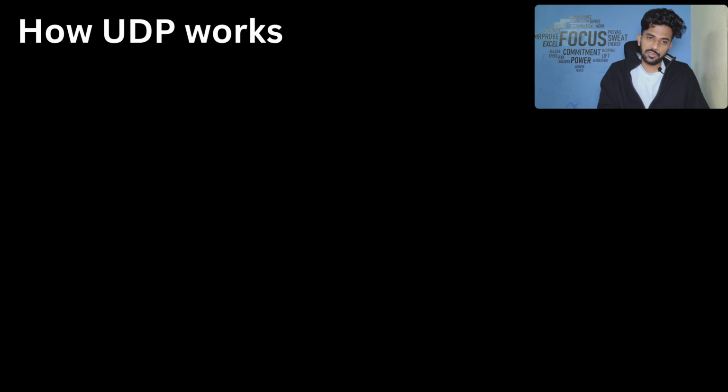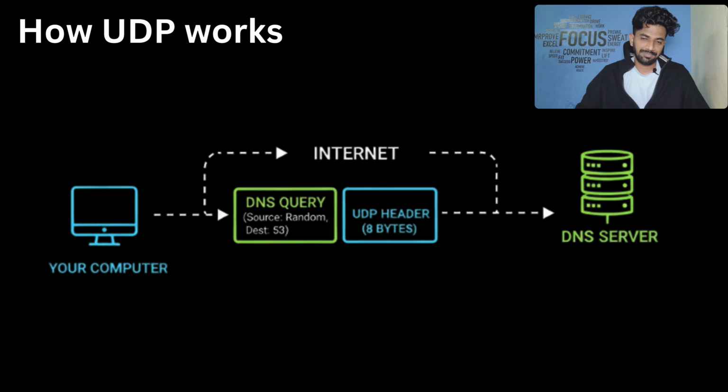Now let's understand how UDP works in real time. So far we understand what UDP is and what the fields in the UDP header are. Let's imagine you're trying to access a website in your browser. As we all know, your computer first sends a DNS query.